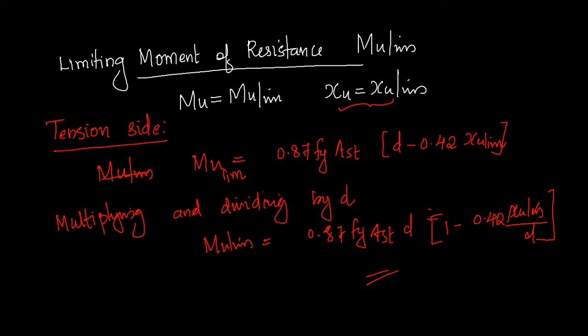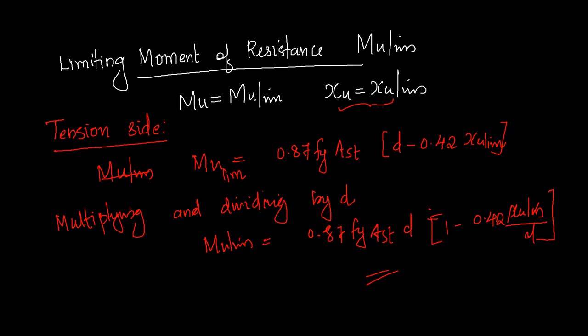Or we can take d common outside. Then this is the expression for the limiting moment of resistance from the tension side: 0.87 fy Ast into d, then (1 minus 0.42 xu limit by d).